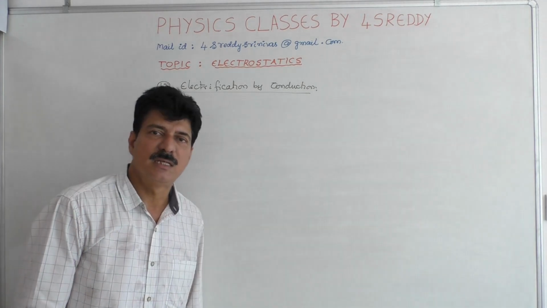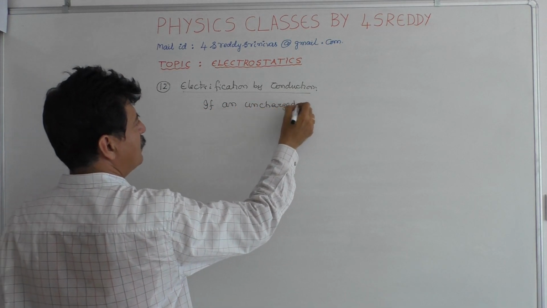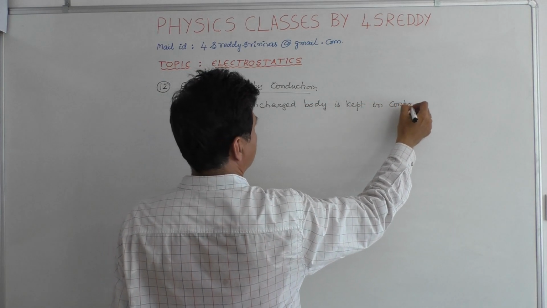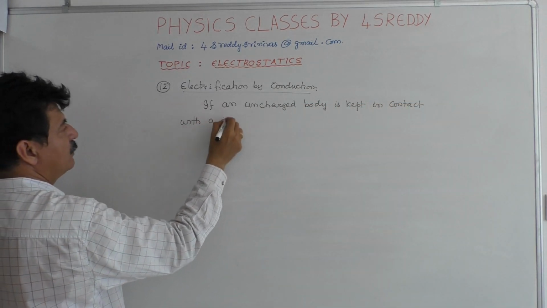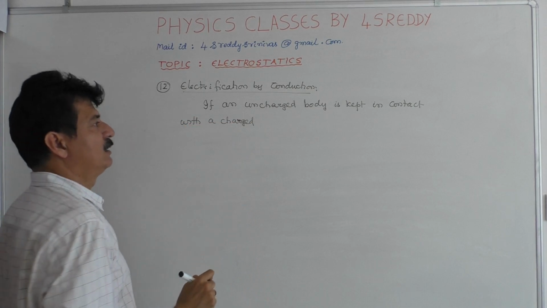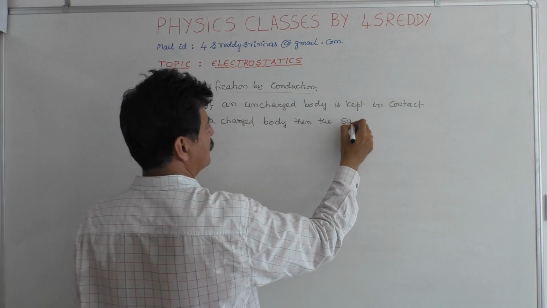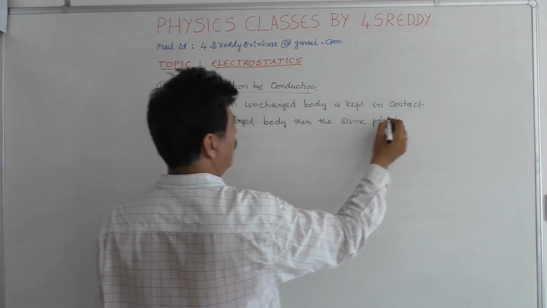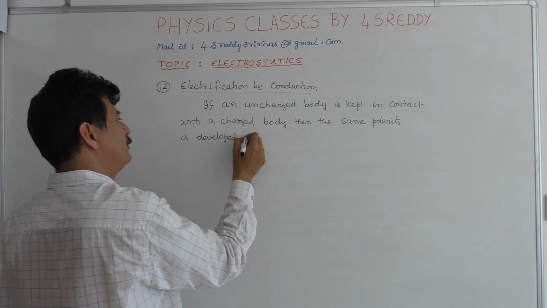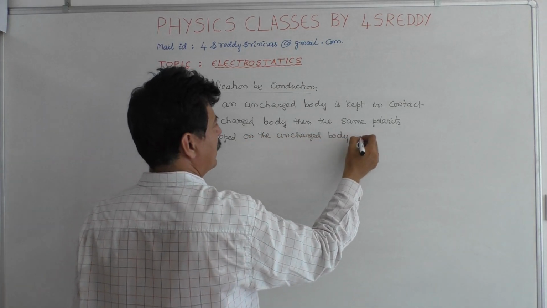Electrification by conduction means when an uncharged body is kept in contact with a charged body, then the same polarity is developed on the uncharged body due to conduction.